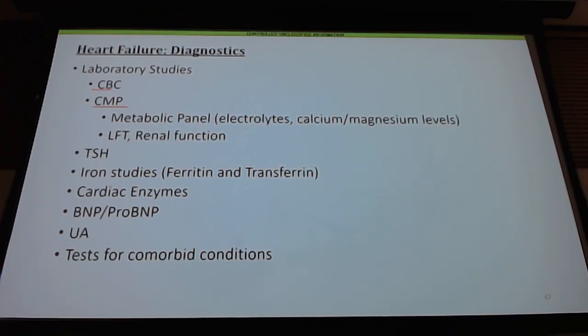Let's look at the thyroid, because thyroid disorders can precipitate heart failure. Iron studies, because there are a lot of other things like liver disease and stuff like that that can trigger this. Cardiac enzymes, let's make sure that the patient didn't suffer a heart attack.